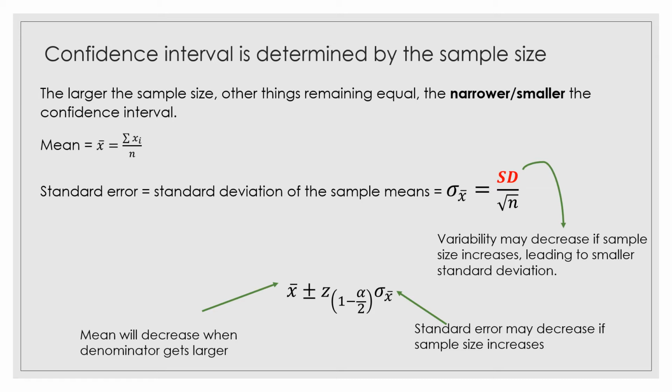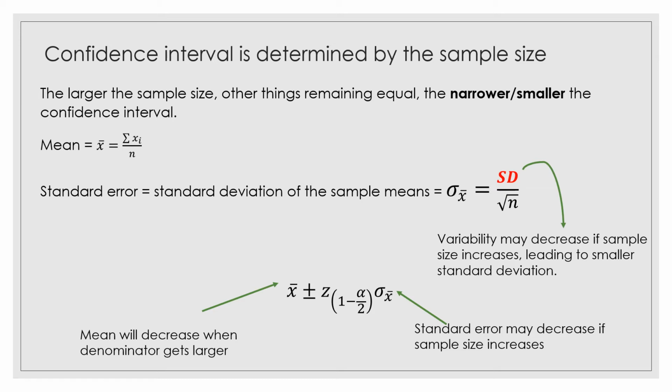And when we increase the sample size, the mean may decrease because of less variability in the larger data. And the second formula refers to the standard error or the standard deviation of the sample means.